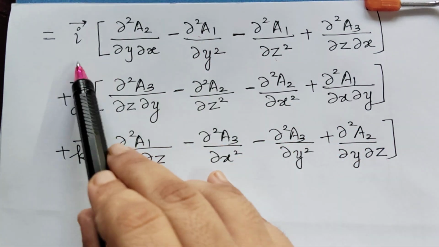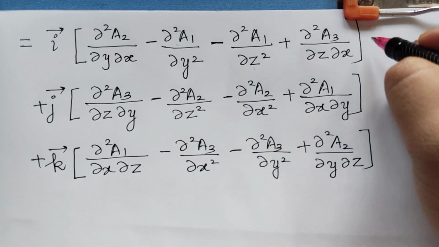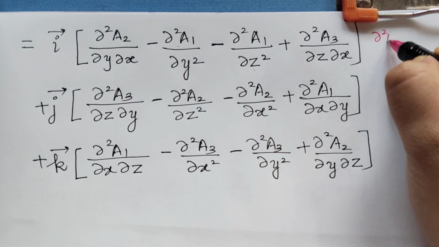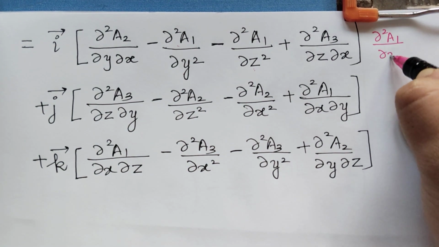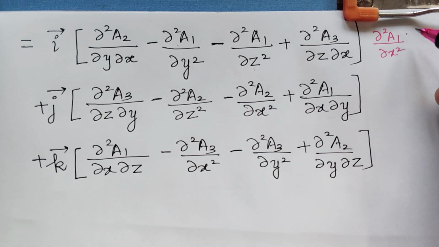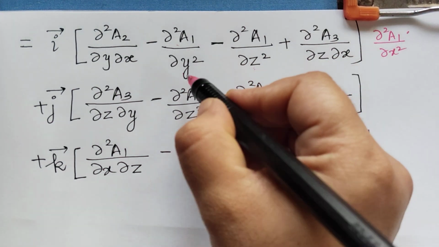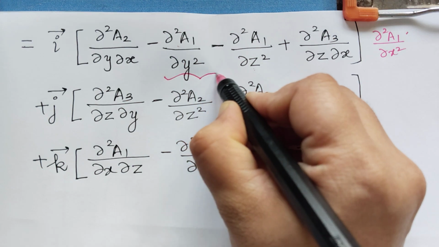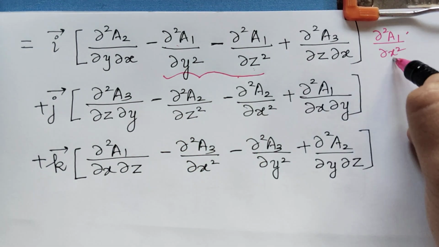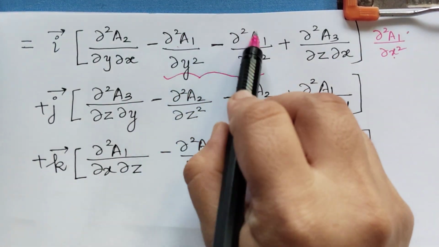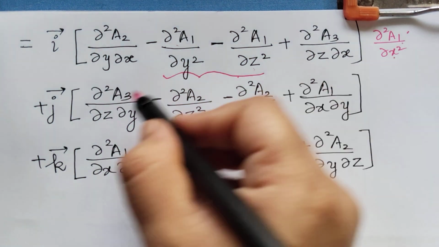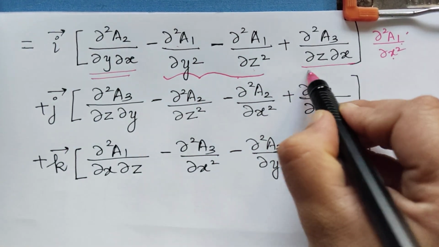For that reason, in the ith component, we are going to add and subtract dou square a1 by dou x square. So if we add, we have to subtract also. The one that is subtracted, that is with the negative term, we will combine with this, and the one that is added, we will combine with the other two terms.